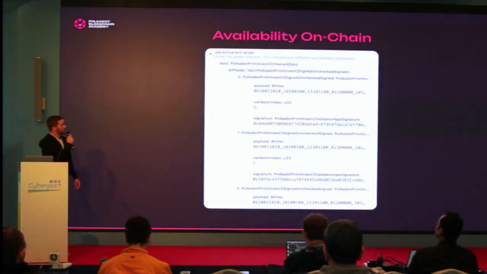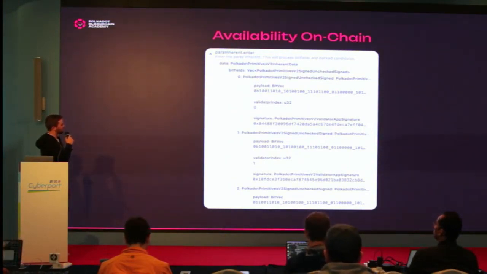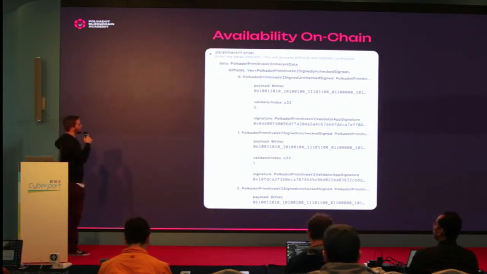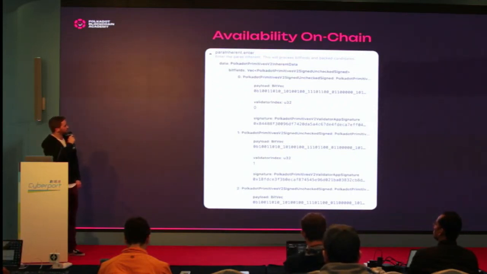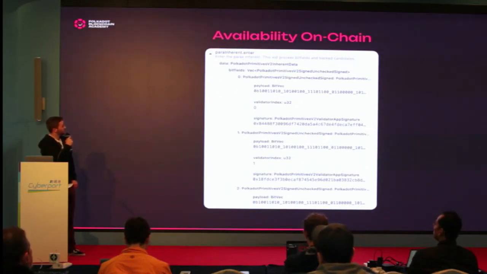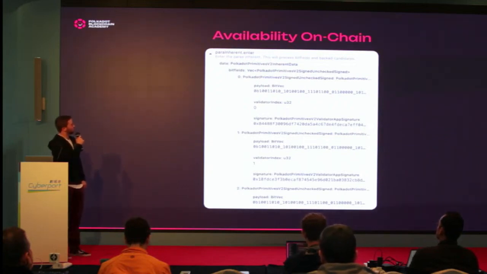So with availability on-chain, here's a paras inherent as pulled up on Polkadot.js. You can see a couple layers down that we have this object called bit fields, and it's a vector that has a bunch of different bit fields.